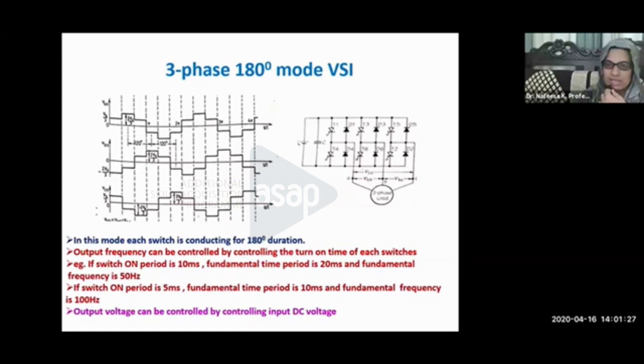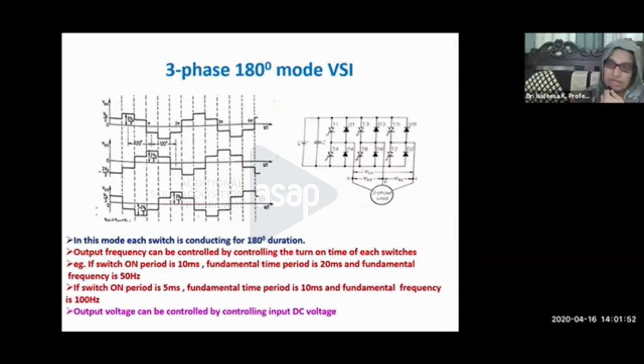Operating below the synchronous speed is the constant torque mode. That means you need to fix the V by F ratio constant. That means you are trying to operate your induction machine at the rated flux.